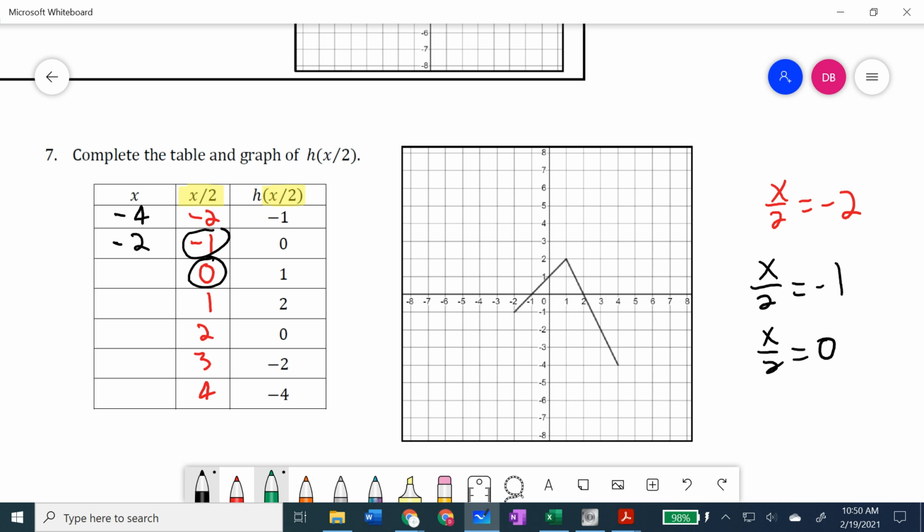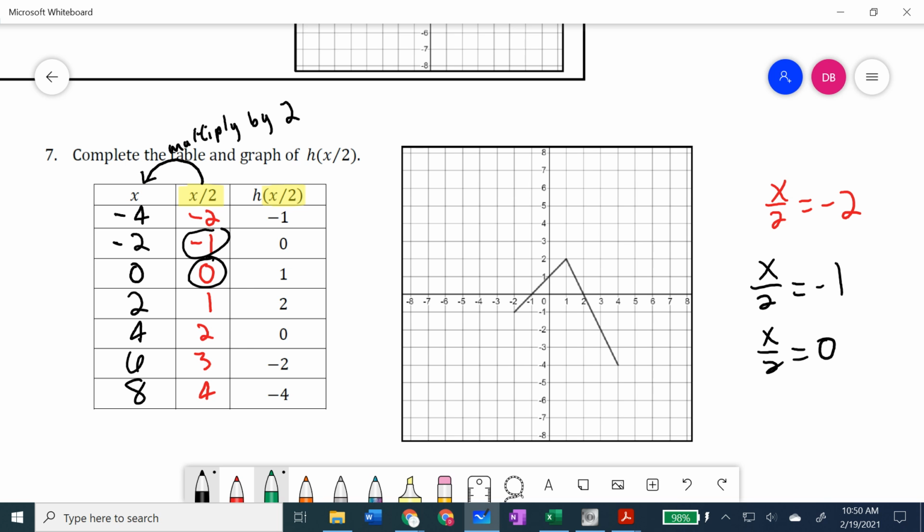Still 0. Do you see what you need to do to everybody in the x over 2 column to get it back over to what is x? Hopefully you're seeing that what you need to do is multiply by 2. So multiply by 2, multiply by 2, multiply by 2, multiply by 2.